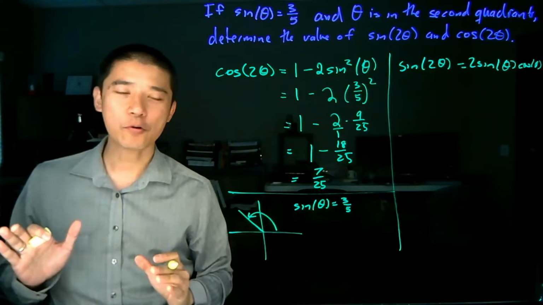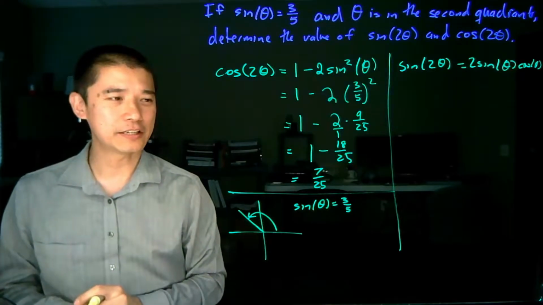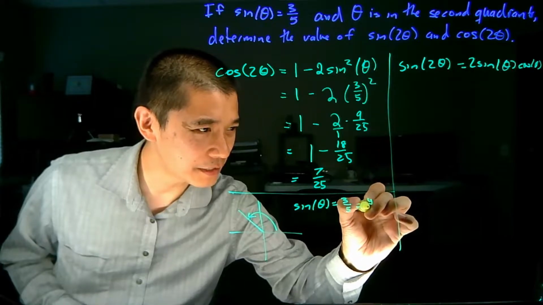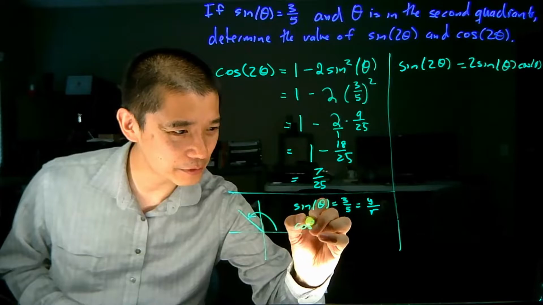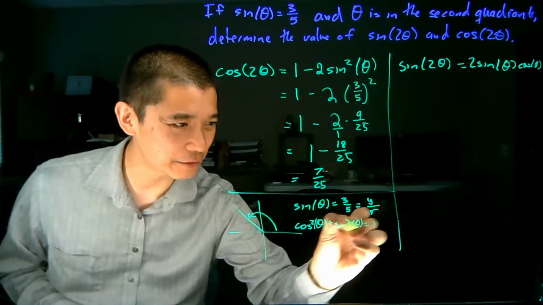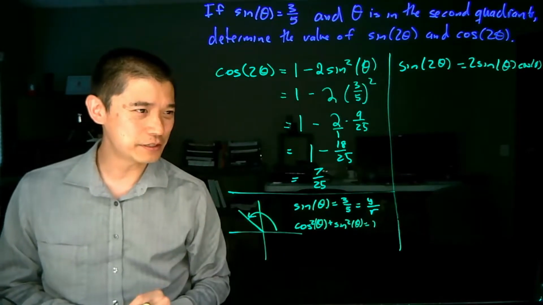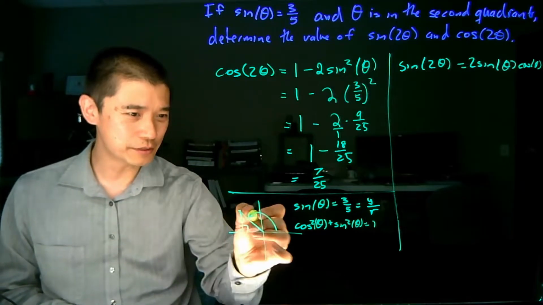Now, just as before, we can use either an algebraic technique or a geometric technique here. For the geometric technique, we want to think of this as y over r. For the algebraic technique, we use cosine squared theta plus sine squared theta equals 1, the Pythagorean identity, make a substitution, and go from there. In this case, I'm going to go ahead and use the geometric approach. So we have a right triangle, and here's our reference angle.